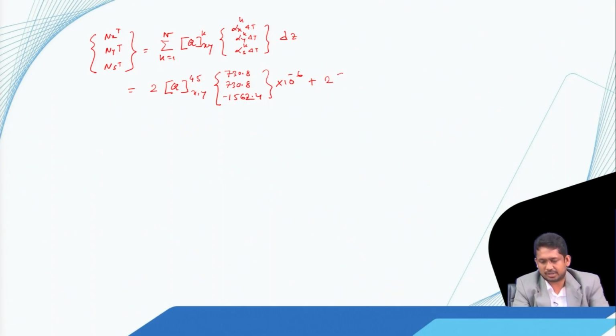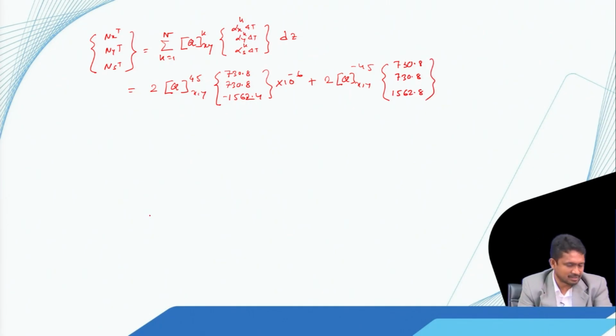And we also have, for the minus 45 degree ply, Q matrix in the xy system multiplied by the corresponding vector of the free thermal strains 730.8, 1562.4, and then this entire quantity is multiplied by the thickness of each ply.